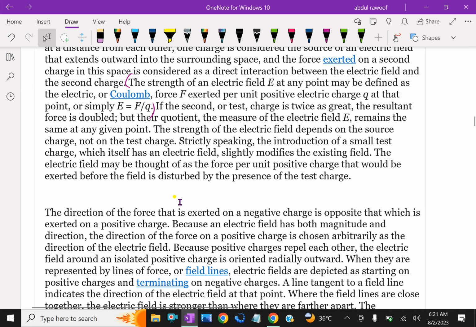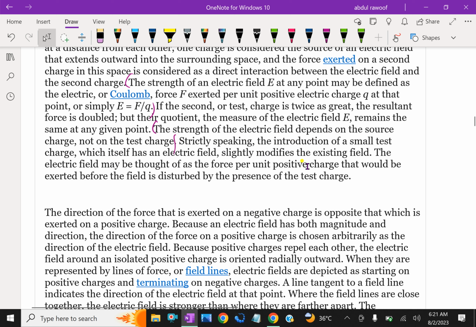The strength of the electric field depends only on the source charge, not on the test charge.